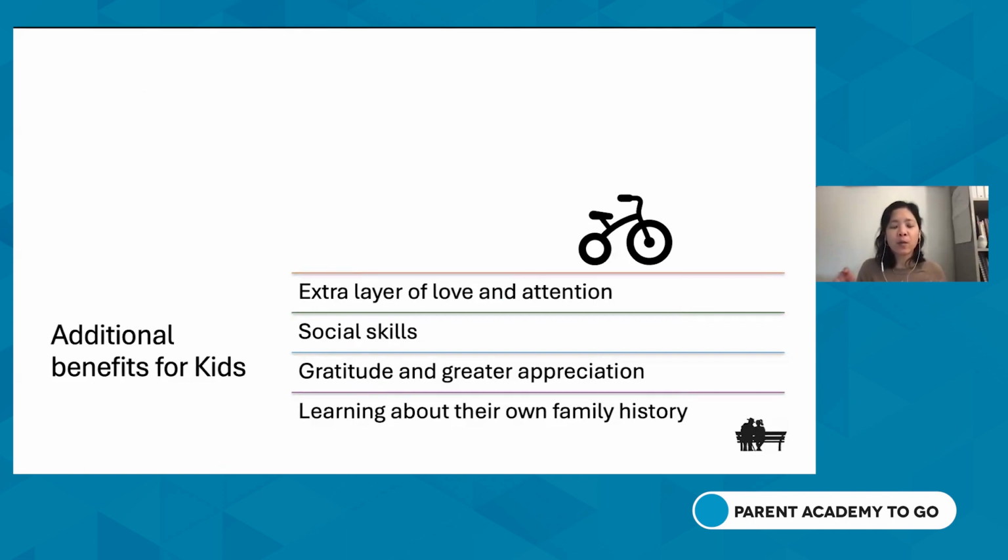I also think that when it comes to grandparents and older adults in general, it's one of the safest ways for kids to practice social skills. In this generation with all this social media and screen time, kids sometimes have a hard time knowing how to relate to other people.